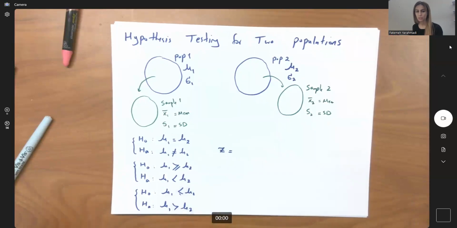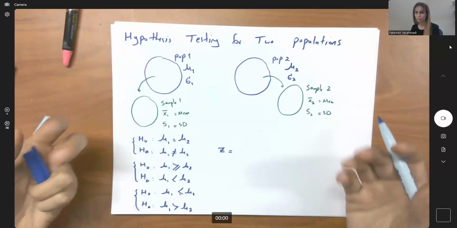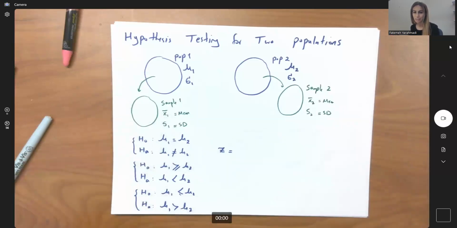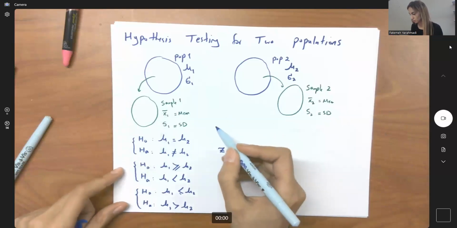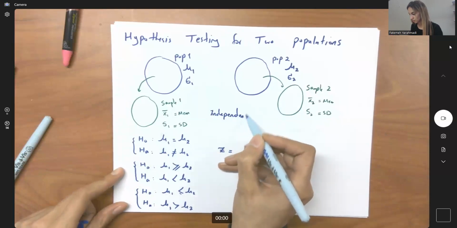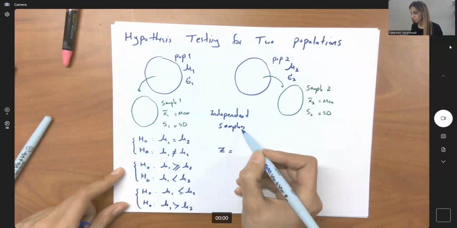Just note that, as we mentioned, we're taking two samples from two populations. Make sure these two samples are independent from each other. Independent samples. What do I mean by that?